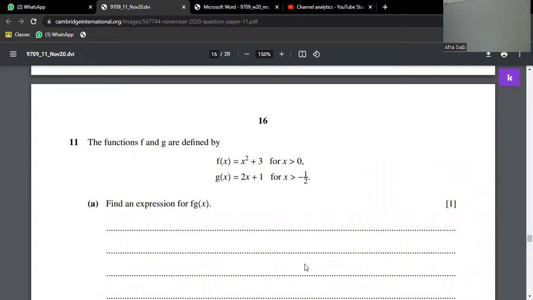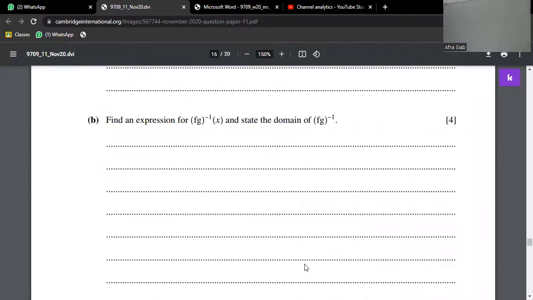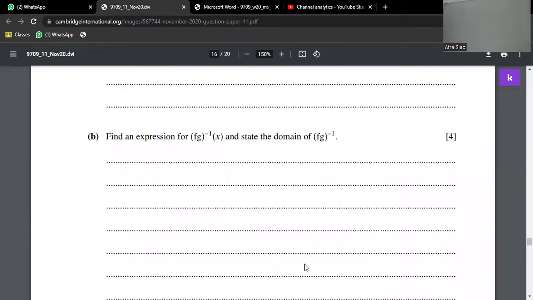Question 11. A part. B part of 11. C part.